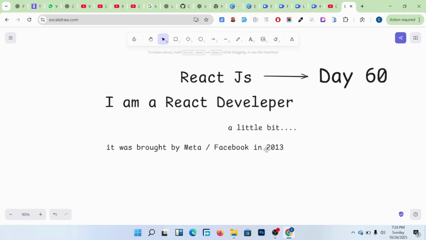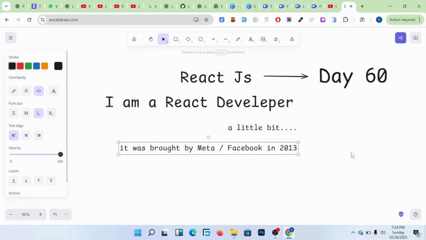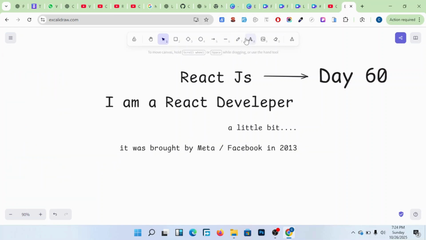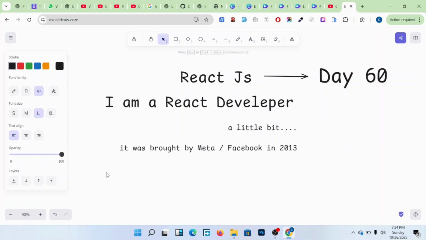It is designed for building interactive user interfaces, nice user interfaces, or what I can call UIs, with reusable components.